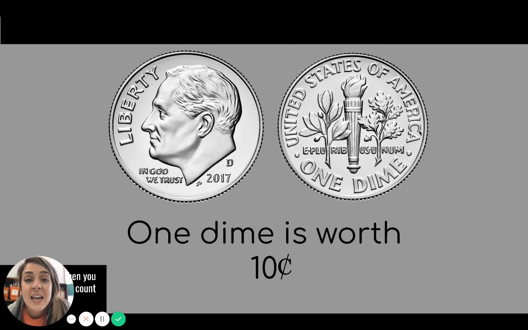On the back is the olive branch, the torch, and the oak leaf or branch. 1 dime, 10 cents. Now, when you're counting dimes, you count by tens. So let's count by tens to $1. You ready? 10, 20, 30, 40, 50, 60, 70, 80, 90, 100, or $1. All right.